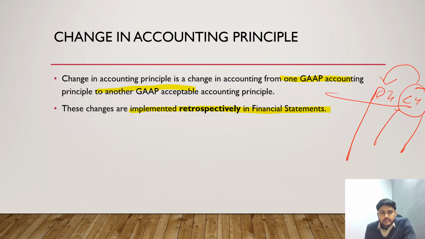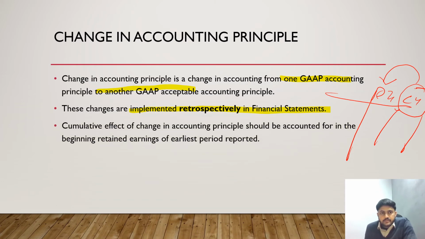And in that case, what is our next point? The cumulative effect of changes in accounting principle should be accounted for in the beginning retained earnings of the earliest period reported. So if you are showing your financials on a comparative basis, what is the earliest period reported?